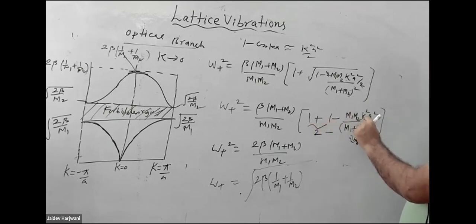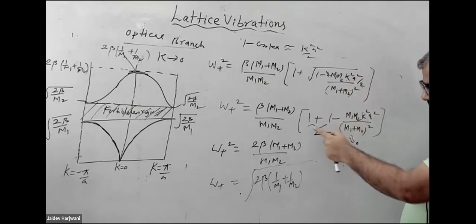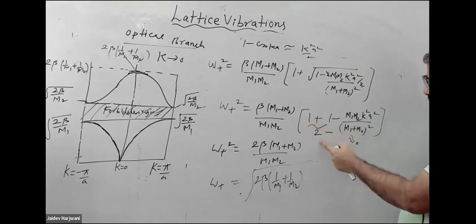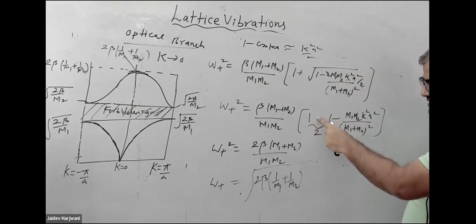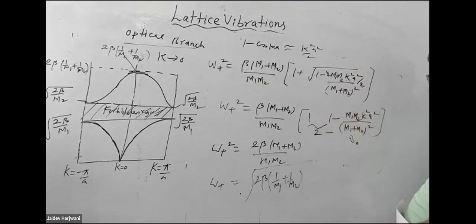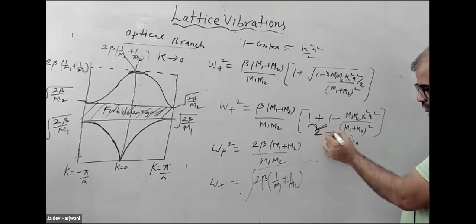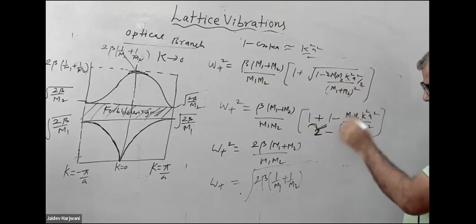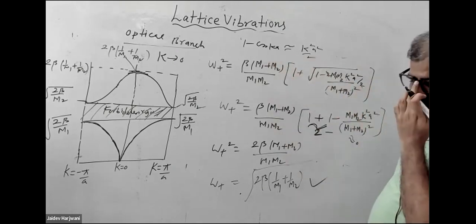Earlier it was 1 minus 1 and cancelled out, so we could not approximate. Now there is 1 plus 1, which is 2. So I have left out this term, and I'm getting again what we got earlier.